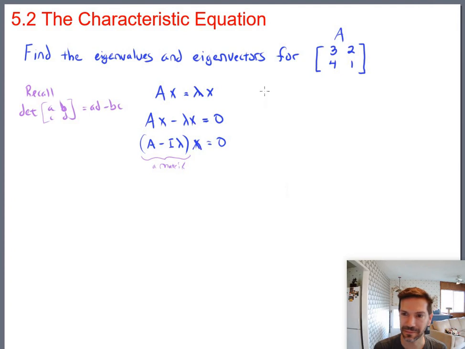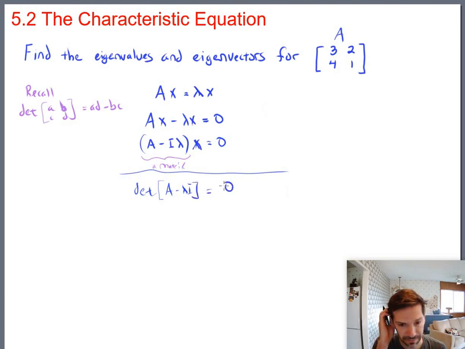So for us, we want the determinant of A minus lambda I to equal 0. That would be the determinant of A minus lambda times the identity matrix, where the main diagonal is the ones.